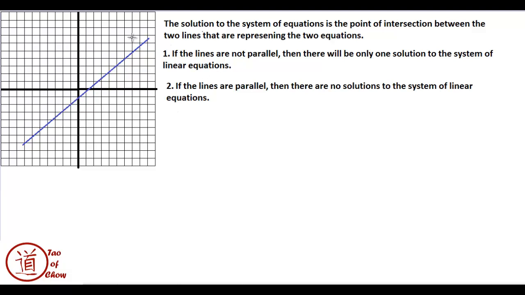Okay, so let me just amend what I've just written there. If the lines are parallel, then there are no solutions to a system of linear equations, unless they, well, let's just say so long as they are not the same line.